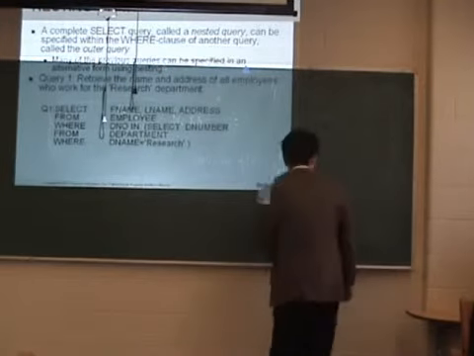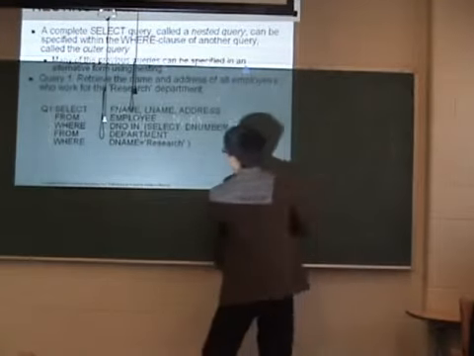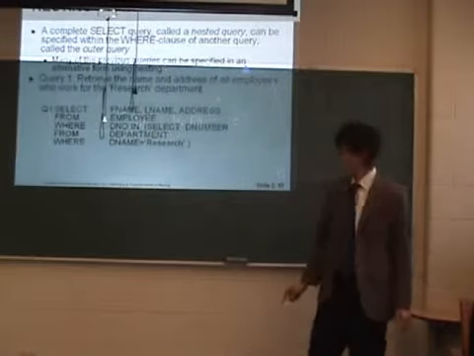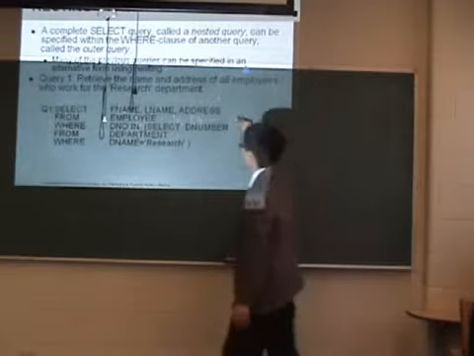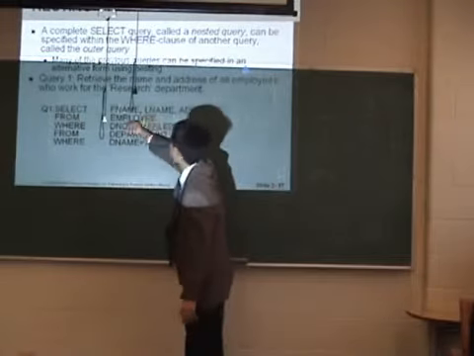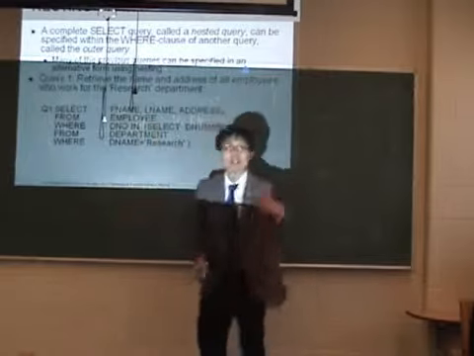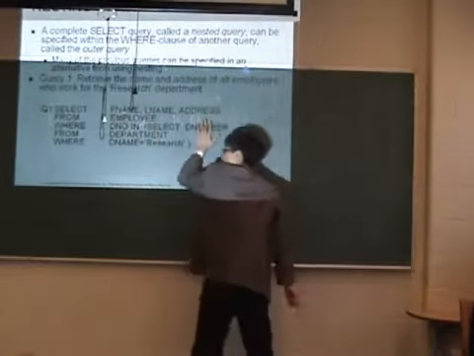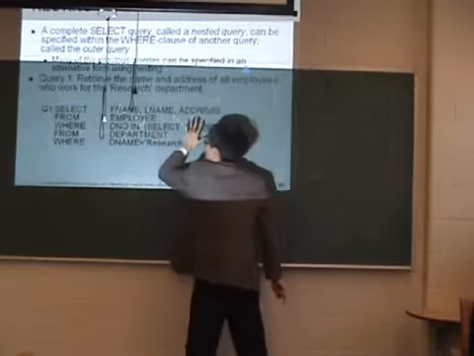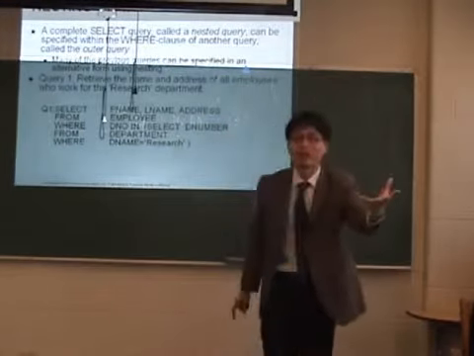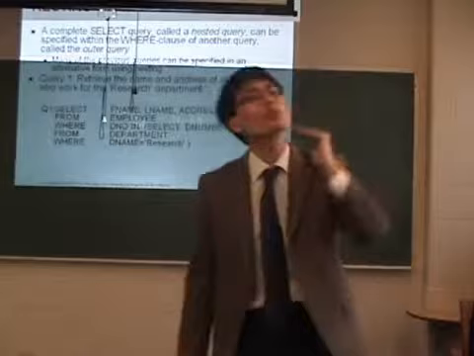If you are not sure, let's change it to DNO is equal to this. Then this is 5. Then from employee we find the employees whose DNO is 5. That is, the first query inside, then the return of that query is used for the outer query. That is called a nested query.